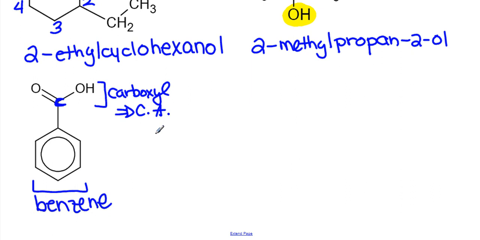When it's attached to benzene, the carbon has to be separated out because if you put the carbon that has the carboxyl group in the chain, it would break the bonding rules. This carbon has 1, 2, 3 bonds around it. If you try and stick it in that ring with benzene, it's going to have 6 bonds around it, which is going to be a problem.